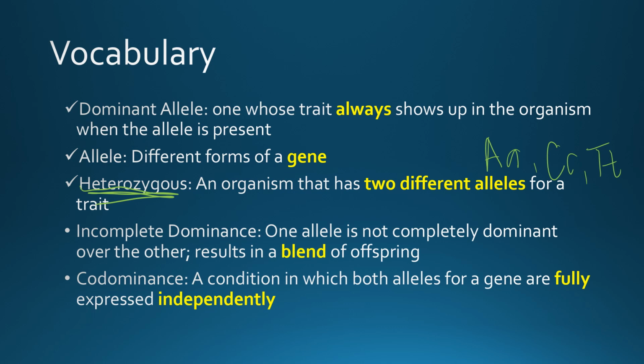One allele is not completely dominant over the other. Rather, the offspring is a blend of the two. And we're talking about codominance, which is a condition where both alleles are fully expressed independently, separate of one another.